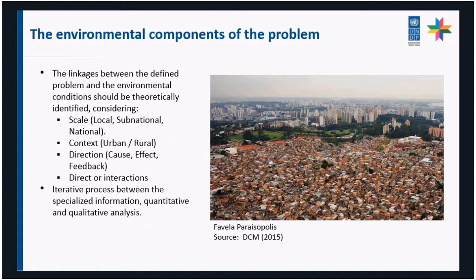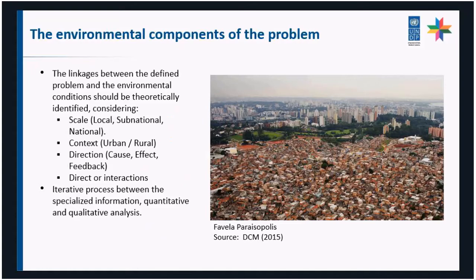But it's important to understand that this linkage is going to be affected by the scale of the problem. It's not the same to analyze a problem at a national level and at a local or subnational level. It's going to be affected by the context. Let's say the linkages between environment and poverty are totally different in urban and in rural contexts.